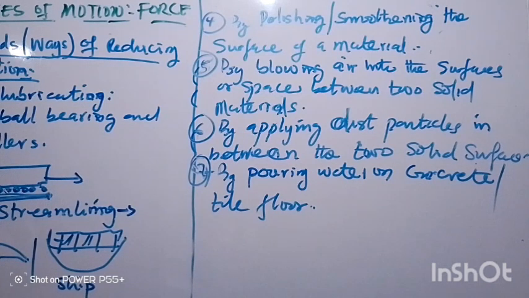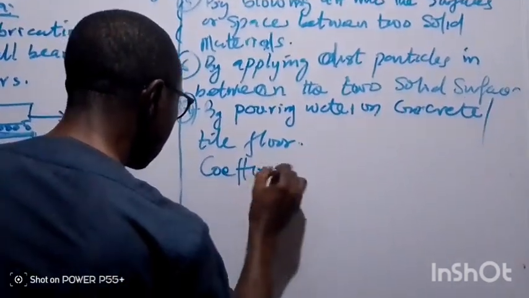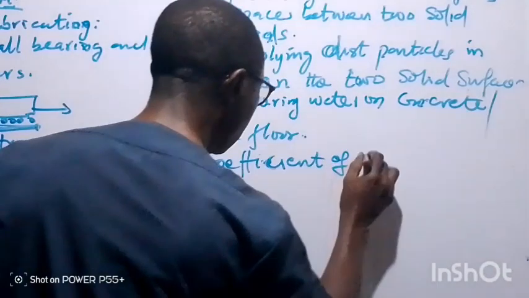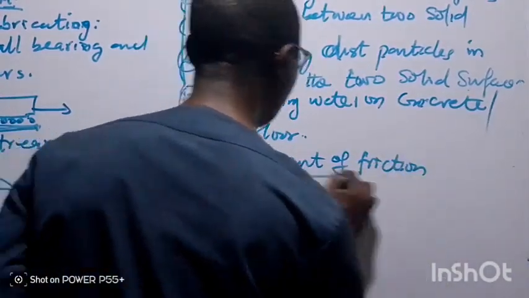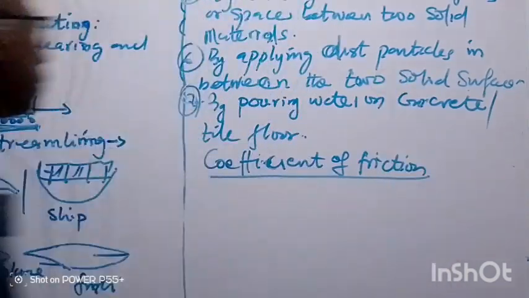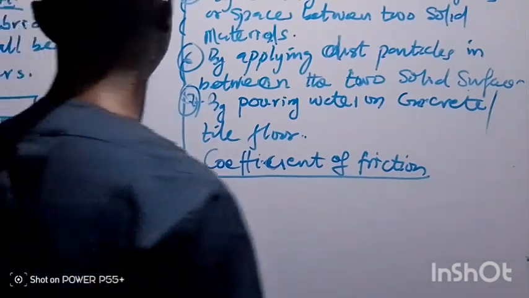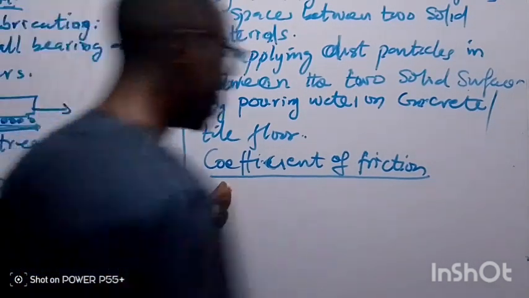Next, we are going to look at coefficient of friction. Since we have two types of friction, that is, number 1, static or limiting friction, number 2, kinetic or dynamic friction. The coefficient of friction, which is mu, that's the symbol.